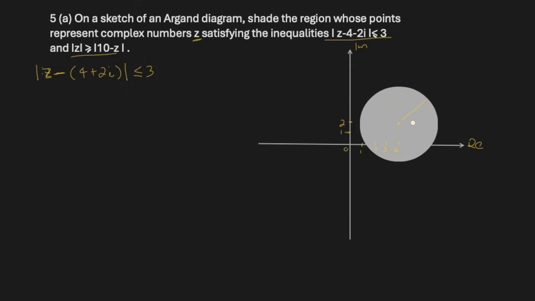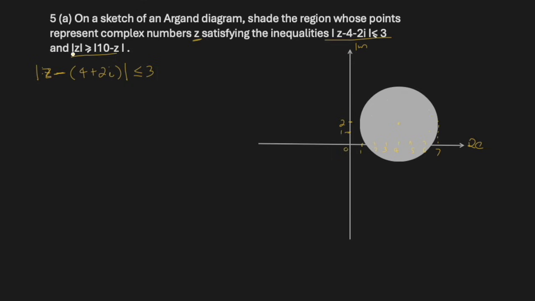So I have shaded the part and labeled this. This will be how much? 7, because 3 is the radius from here to here. So this has to be 7. So I will complete this: 5 here and 6 here, and that is 7. Now this is the first inequality, where this circle and the shaded part inside.